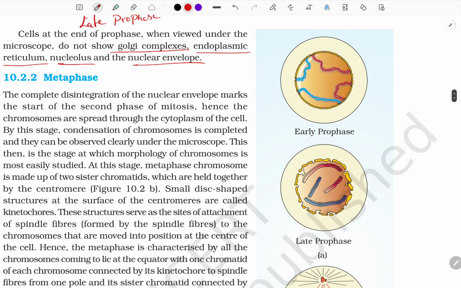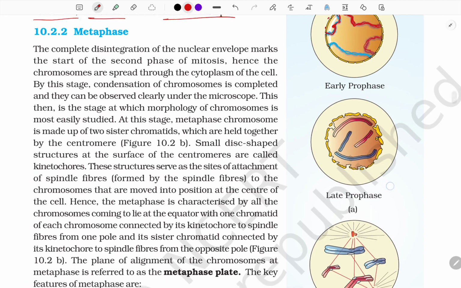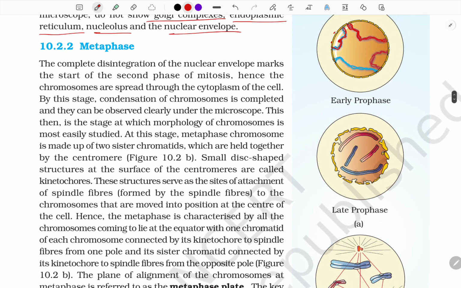In the early prophase, you can see the untangling of the chromatin material to form chromosomes. Like this, the chromosomes are being formed with the centromere, and the degeneration of the nuclear membrane has started. In late prophase, the endoplasmic reticulum and Golgi bodies entirely become invisible, and the nuclear membrane is also degenerated. So coming to the next stage, metaphase.